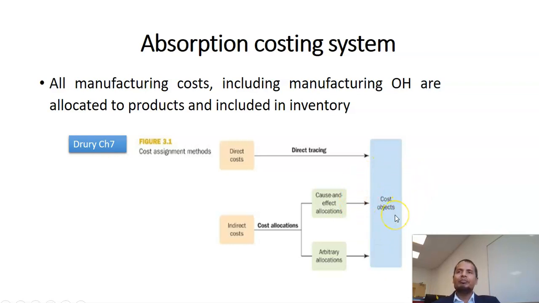So manufacturing cost, what are the manufacturing cost? All the manufacturing cost would be charged on the product. Either it is direct or indirect. Either it is variable or fixed. All the manufacturing cost you will charge on the product. Include in your calculation to determine your product cost.